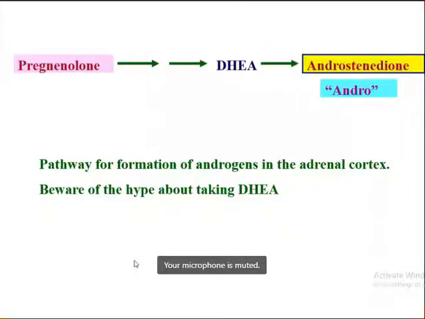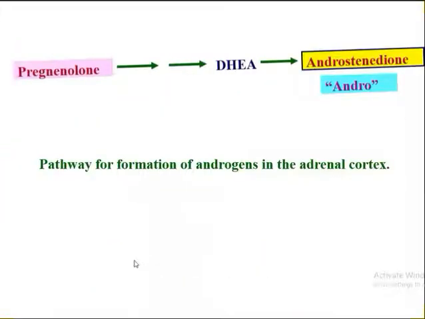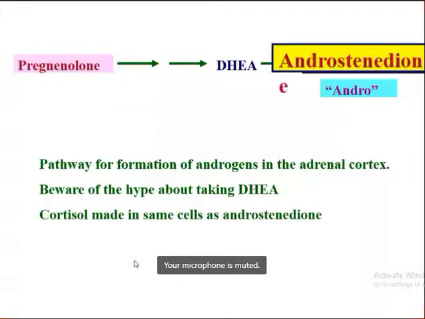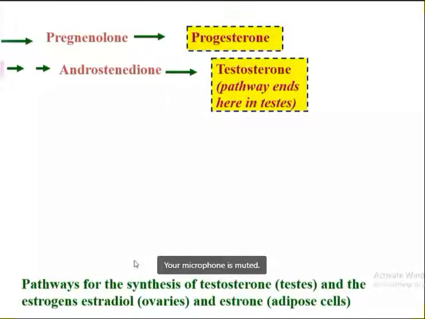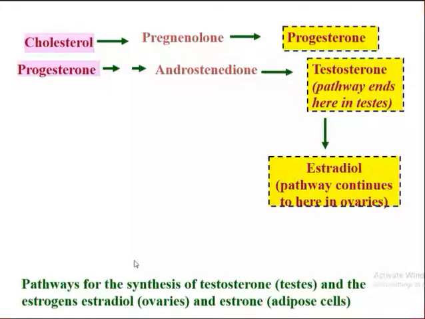I'll repeat again: androstenedione, then testosterone. Cholesterol, progesterone, from androstenedione then testosterone, then estradiol, and estrone in adipose cells. So that's the thing.